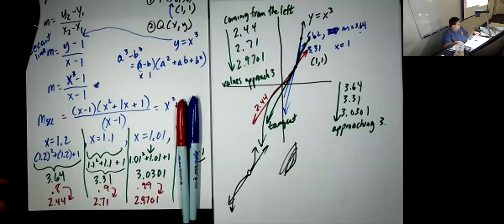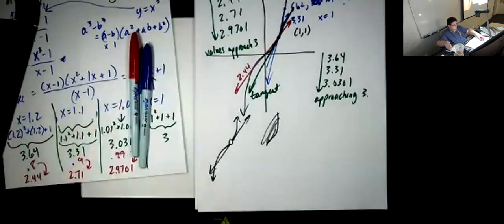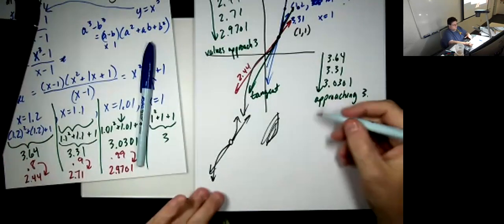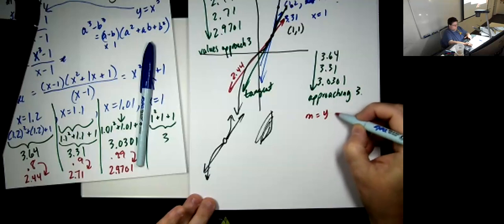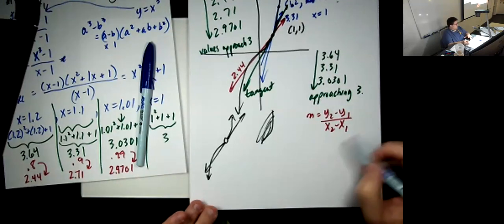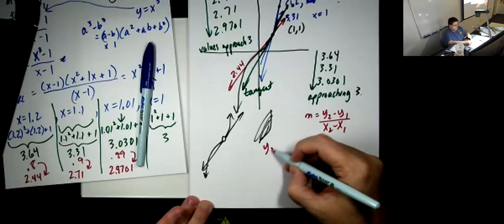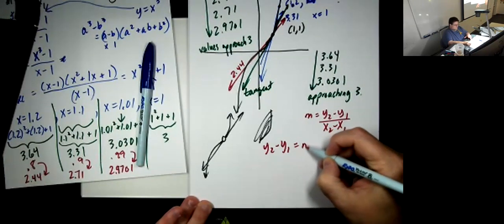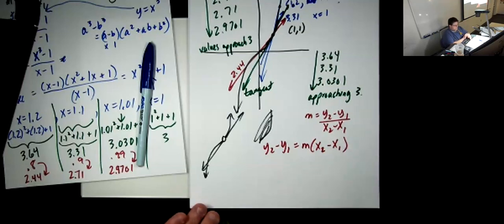I don't have the line yet though, do I? I just have the slope. We had m equals y2 minus y1 over x2 minus x1, or if you multiply through by x2 minus x1, you get y2 minus y1 equals m times x2 minus x1. And now we have values for all of these.